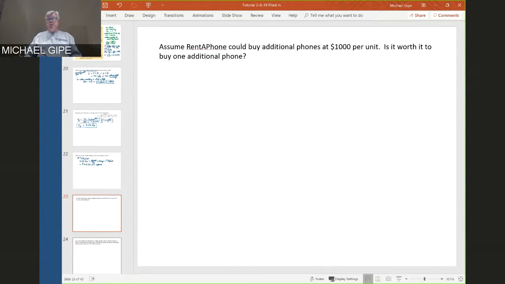Okay, assume they could buy additional phones at $1,000 each. Is it worth it to buy one additional phone? So again, similar to the previous problem, what's our marginal value to that? What's our marginal improvement in cost for customers waiting? What's this going to hinge on?